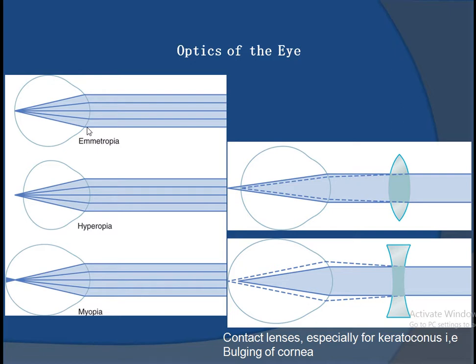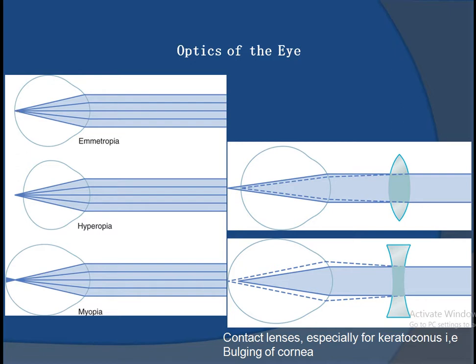The emmetropic eye is the normal eye in which we have this size of the eyeball with the normal perfect cornea and lens, so that the light rays coming from far away can have an image exactly on the retina.